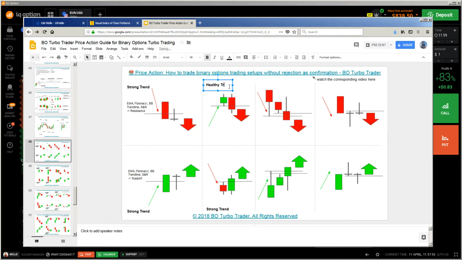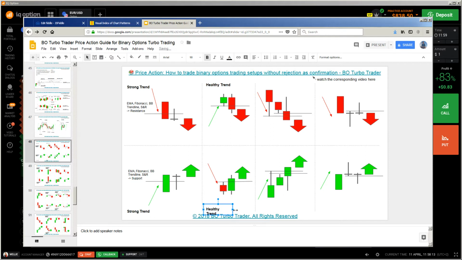I say healthy trend because at the end the market is trending or not trending, and it's important that it trends, because otherwise we would not have this healthy trend. So I will do this in this manner, so you understand where you have to apply such kind of trading setups.